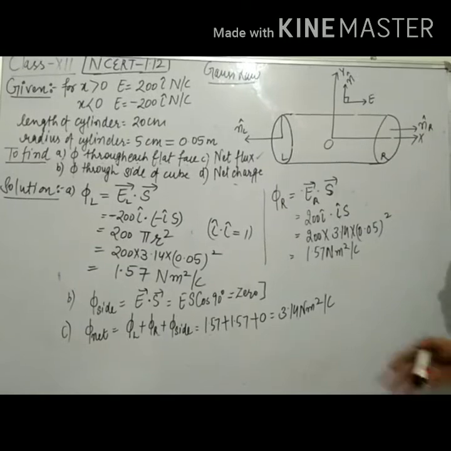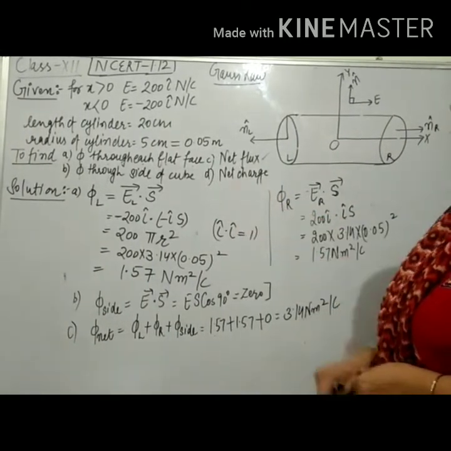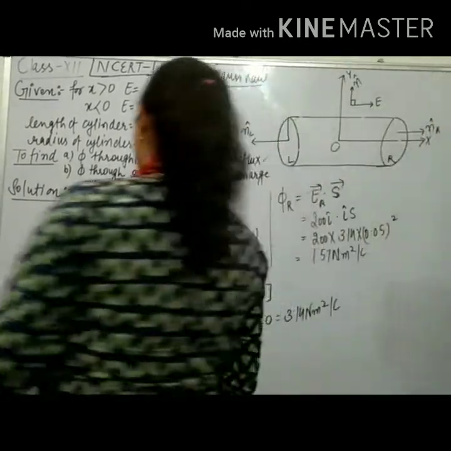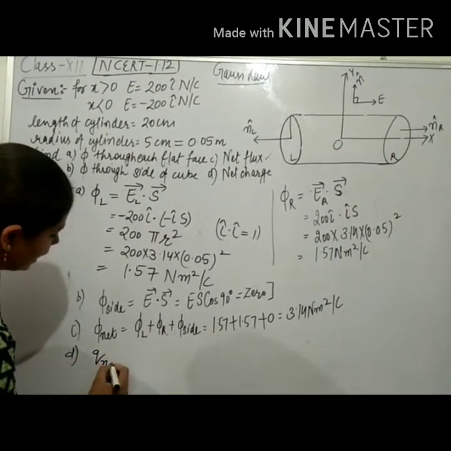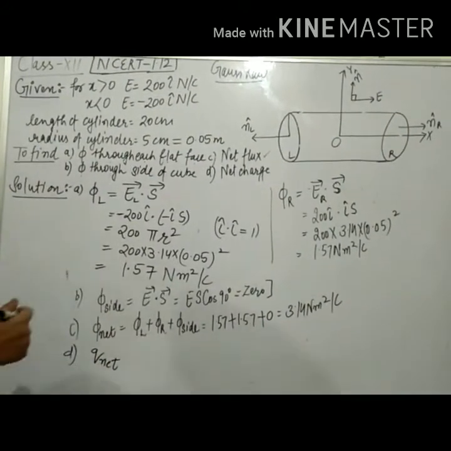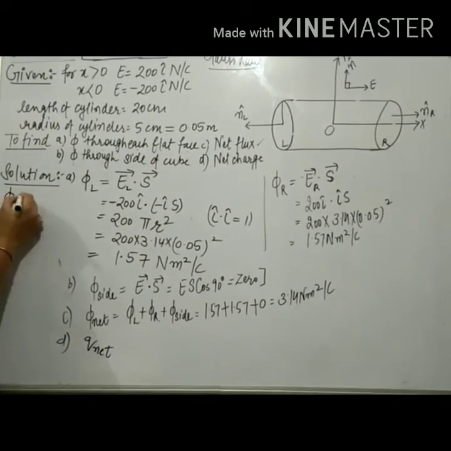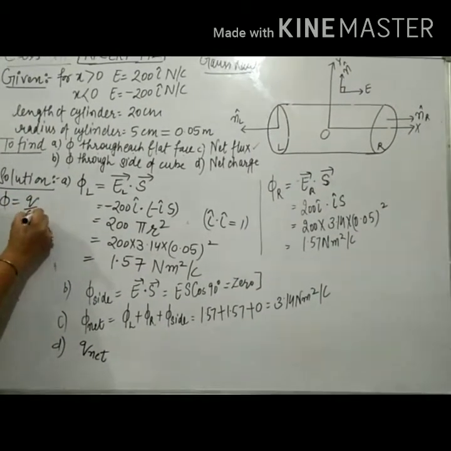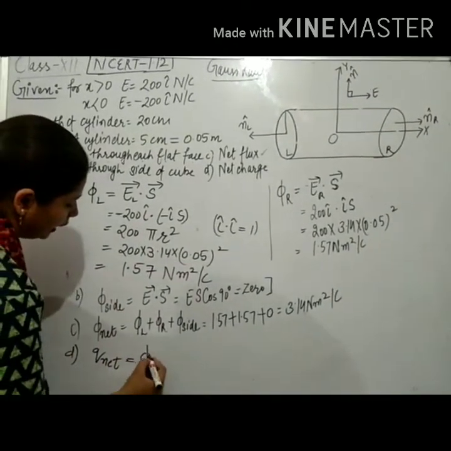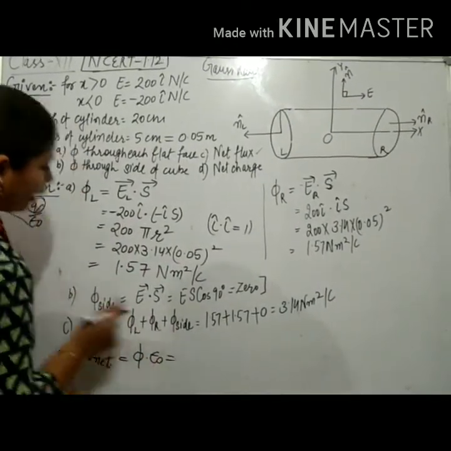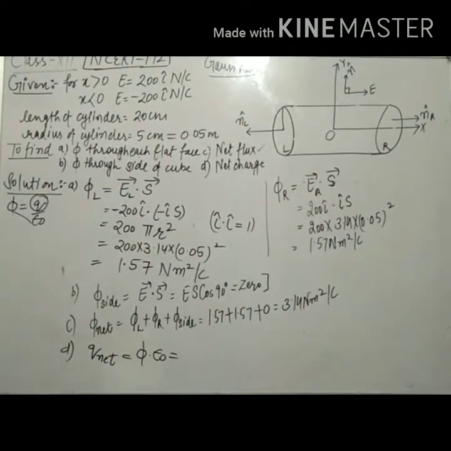What about the last section? We have to calculate net charge. So students, can you tell me the formula for net charge? Using Gauss law, phi is equal to Q by epsilon naught. So Q is equal to phi into epsilon naught. What is the value of phi?